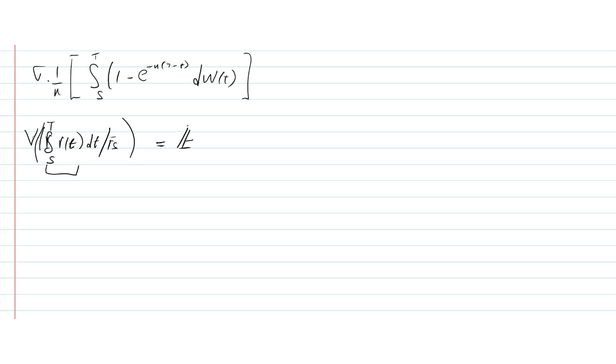We also said that this was just the expectation of something, that is this internal part. This was the isometry of something squared dt here. So what we have to do is effectively calculate this part here. Now, because it's the expectation of something on dt, this will be just the expectation of a deterministic variable.